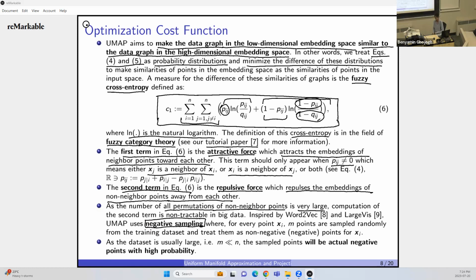It says, rather than in every iteration telling the model, you should learn that these two are not similar, these two are not similar, these two are not similar, and showing every two non-similar points to it, which will be overwhelming for the model and its complexity will be high, in every iteration I just show one or a few pairs of non-similar points.